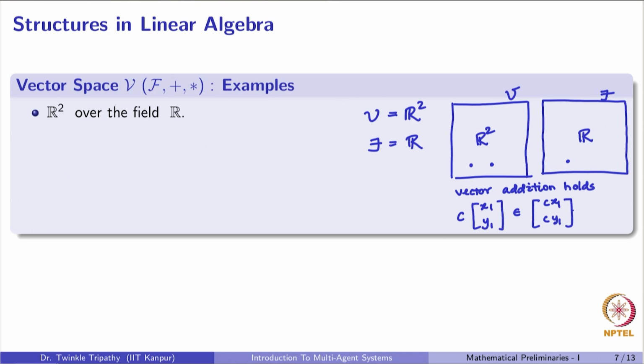And we can easily check that 1 will serve as the multiplicative identity here. So it satisfies all the properties of scalar multiplication as well. This holds. This also holds. The next property is distributivity, which again can be very easily checked. Let's see that quickly.